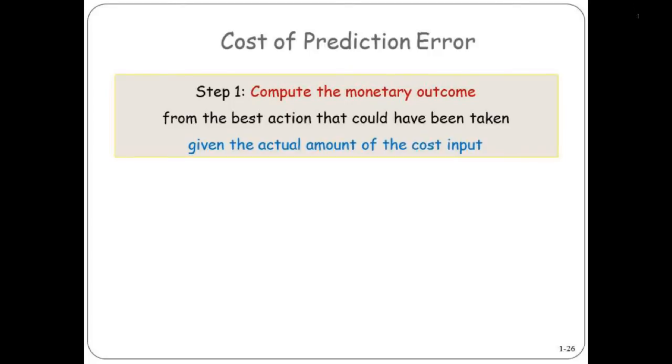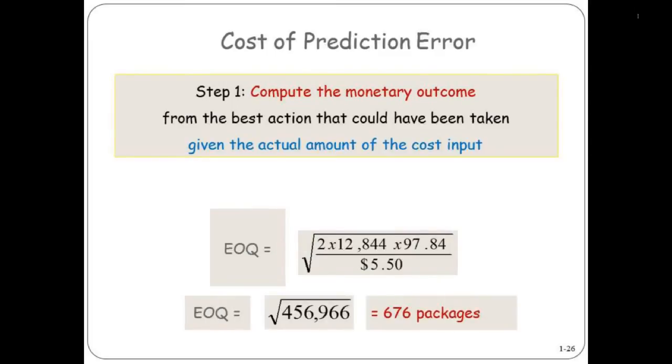So first, you will recalculate your economic order quantity costs with the real ordering costs. Based upon 97.84 rather than 209, what that tells you is you should have had an economic order quantity of 676. And that shouldn't be a surprise.